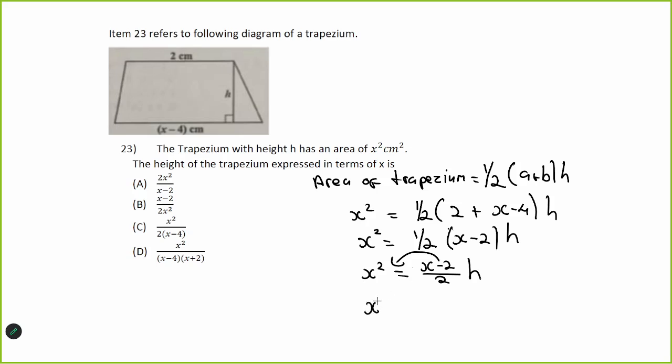So this is going to be x squared divided by x minus 2 over 2, which is equal to h. When you're dividing, just put this over 1 to make your life easier. That'll be x squared multiplied, this is flipped as 2 over x minus 2. So it will be, put this over 1, x squared by 2 is 2x squared over x minus 2. So the answer is A. And that's how you will do this question. That's what h will be equal to.